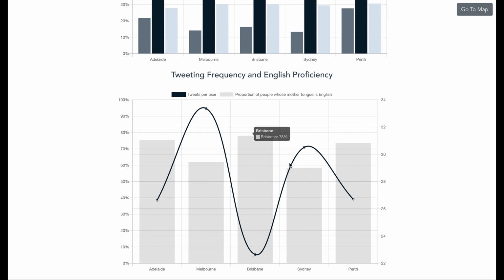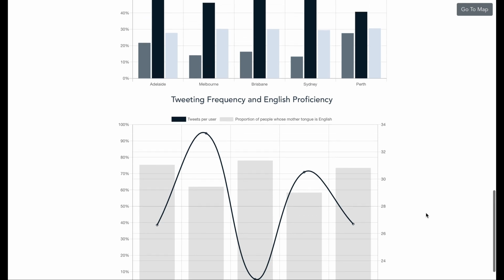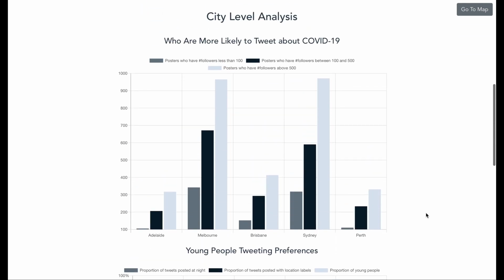For example, Melbourne has only 62% of people whose mother tongue is English, but there are about 33 tweets per user in Melbourne. Okay, those are our city level scenarios.